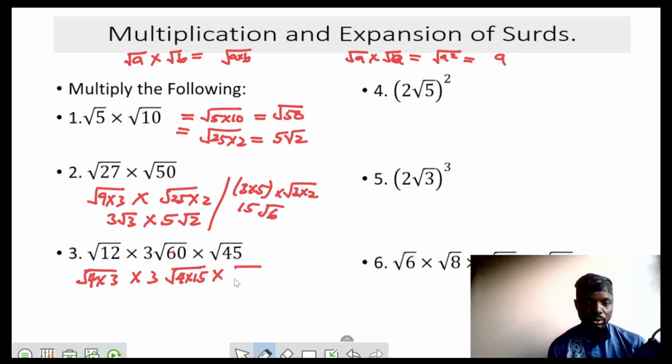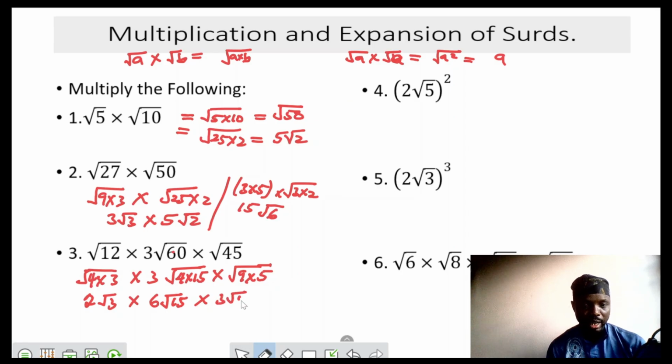This one also can be written as 9 times 5. Alright, since this one will give me 2 root 3, if I simplify this one, times this one, this one gives me 2. 2 times 3 will give me 6 root 15, times this one will give me 3 root 5.